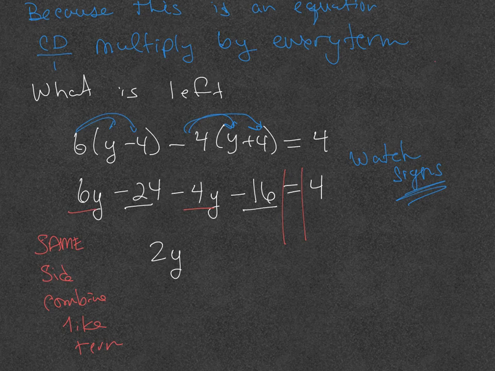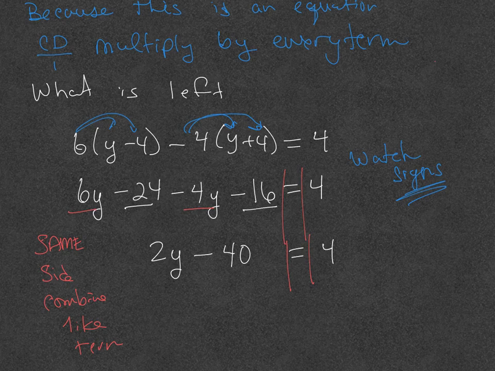Since they're both negative, it's combining like terms, so you add them, and it stays negative, so it becomes negative 40 is equal to 4. So again, remember, if you're doing work on the same side of the equation, you add and keep the sign if they're the same, subtract if they're different.